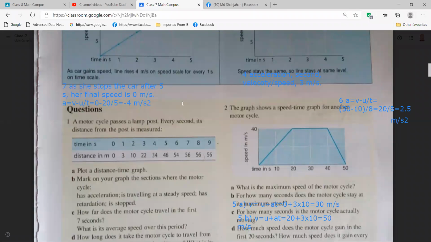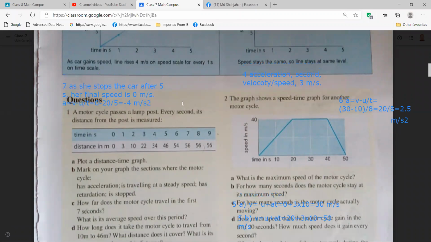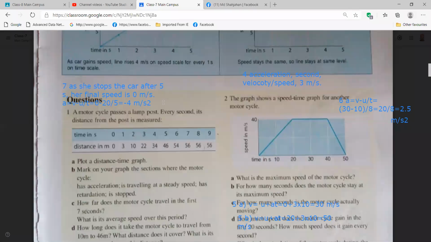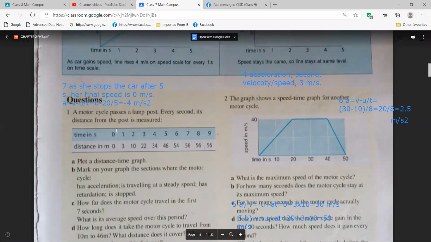Okay, we are done with all the questions of page 21. Now, I want you to try this, okay? As we are done with all the theory part of motion graph, you can try this. Question 1, question 2, you can try them.